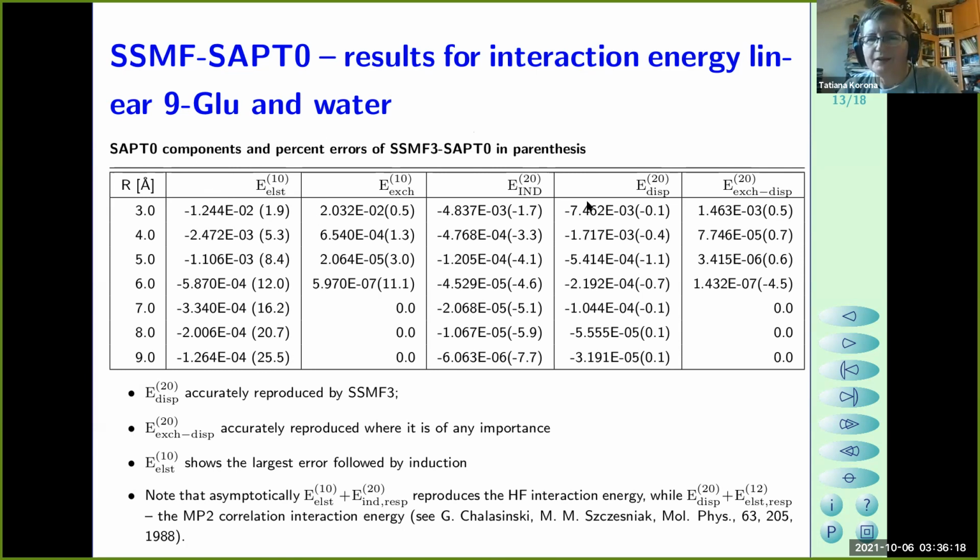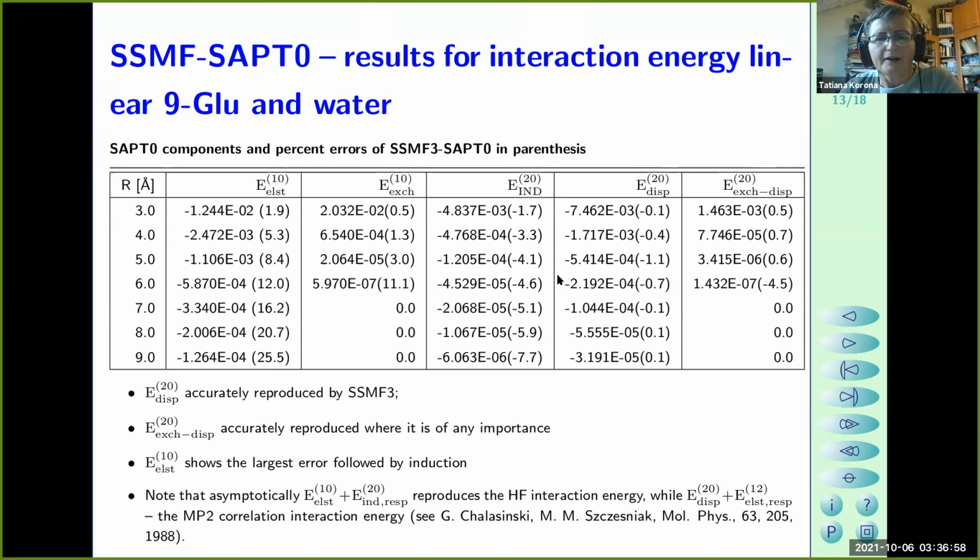So what can one see? First, the dispersion energy behaves very well; the percent error is almost always below 1. Also the so-called exchange dispersion energy is small. The error is also small for all cases when this exchange dispersion energy has any importance, because for large distances it's just quite zero, as all exchange energies.